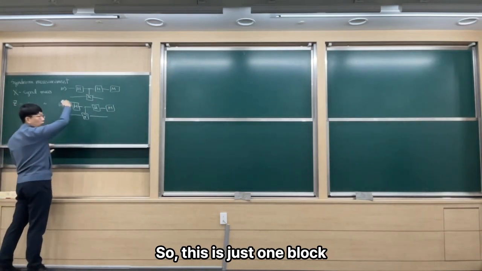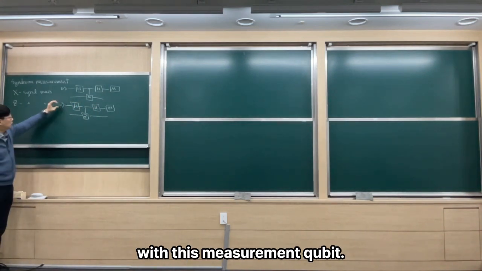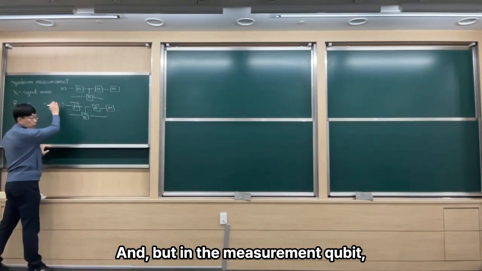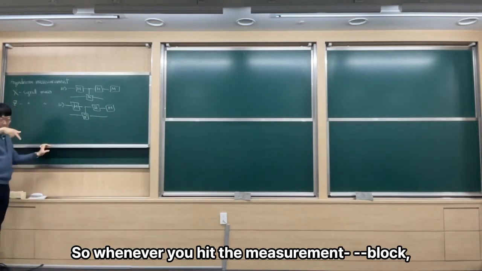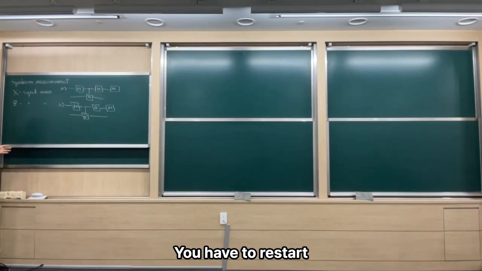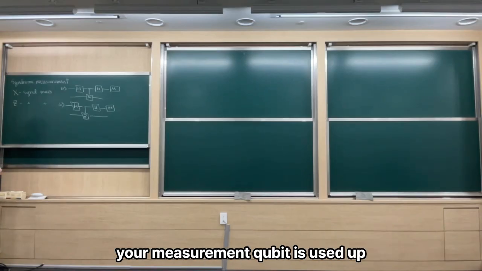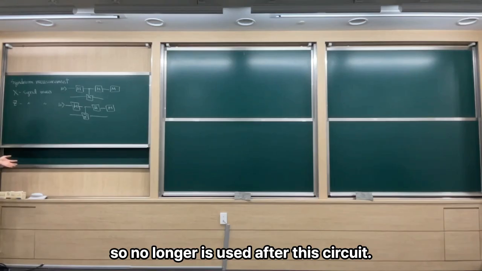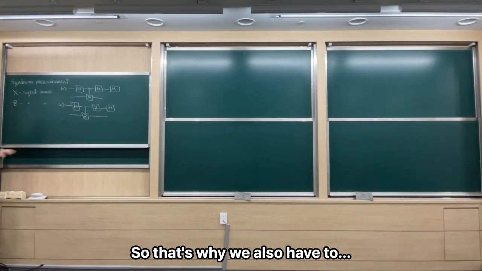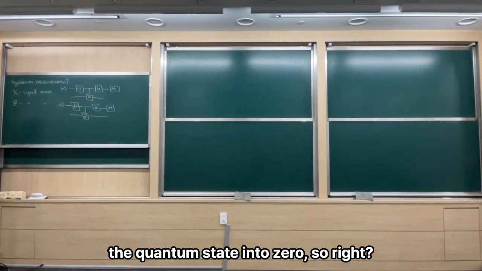This is just one block that you apply to the data qubit with this measurement qubit. But in the measurement qubit, the circuit ends here. Whenever you hit the measurement block, it's the end of this quantum circuit, right? You have to restart a new quantum circuit. So every time you take an error detection, your measurement qubit is used up, no longer used after this circuit. That's another reason why we always have to initialize the quantum state into 0. Right? Okay.